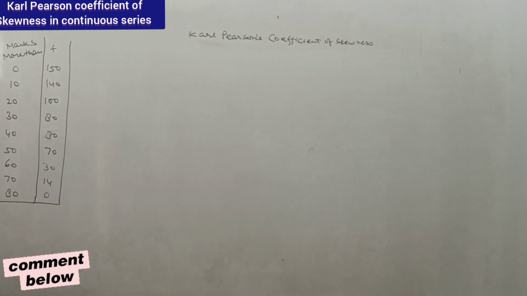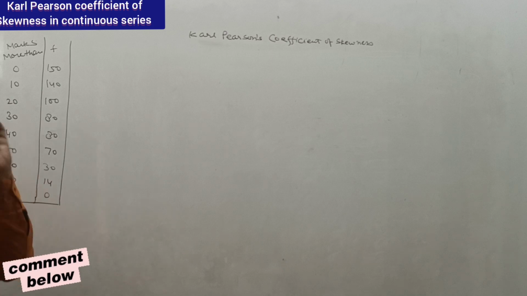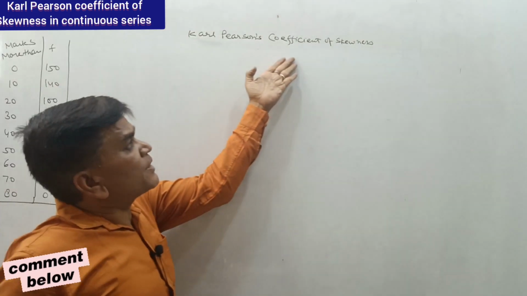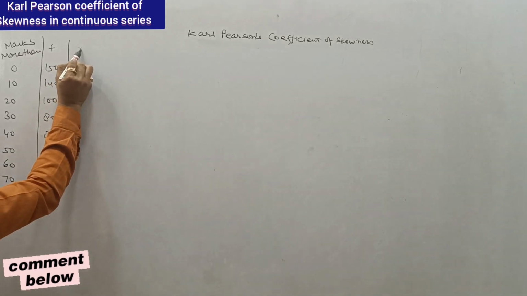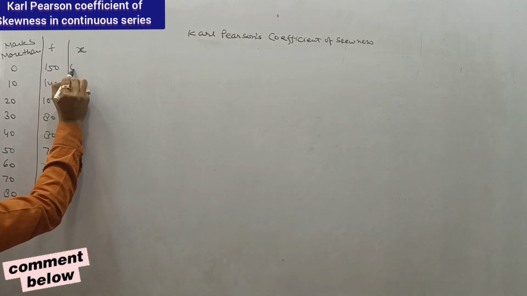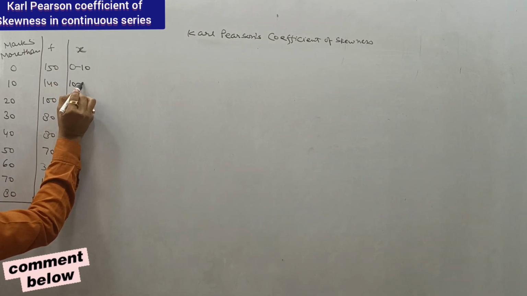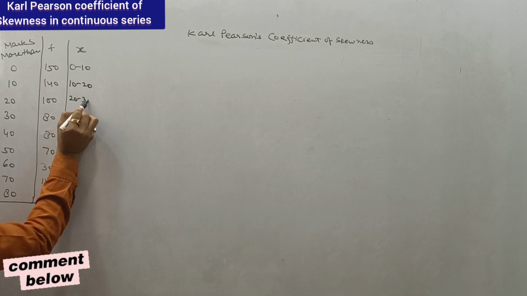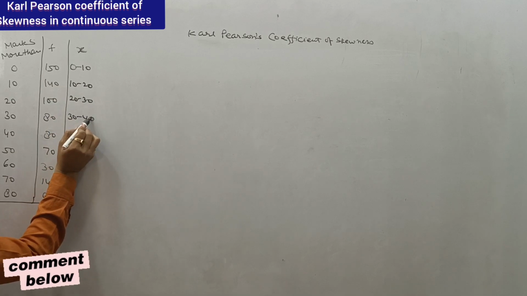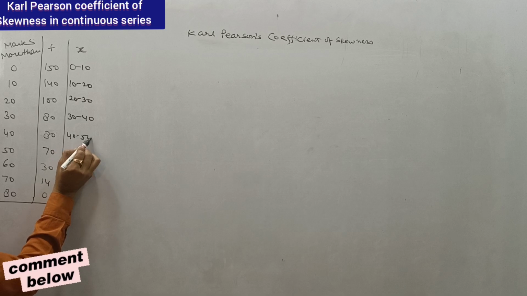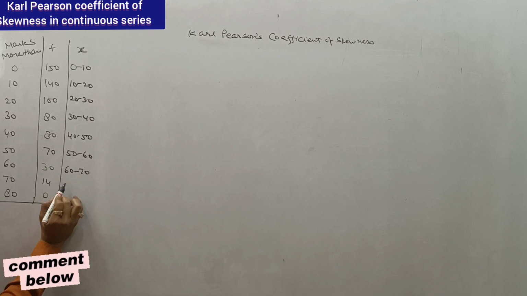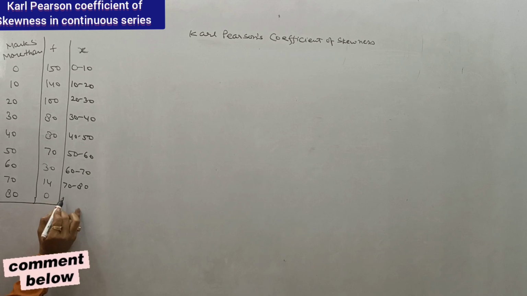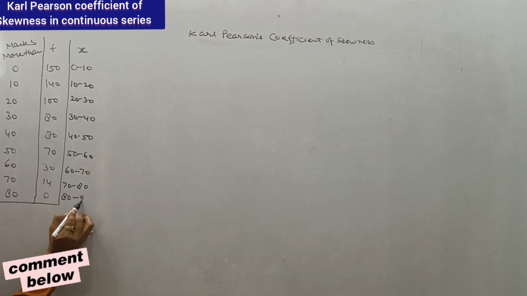With the help of this, we are to calculate the Karl-Pearson coefficient of skewness. So very first we will make the class intervals: 0 to 10, 10 to 20, 20 to 30, 30 to 40, 40 to 50, 50 to 60, 60 to 70, 70 to 80, and the last one 80 to 90.